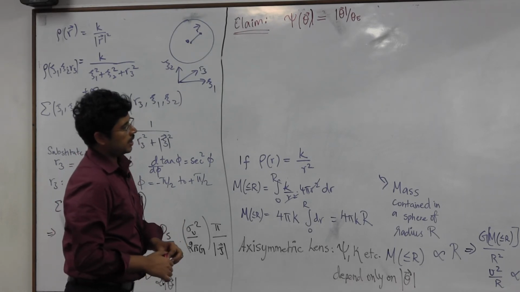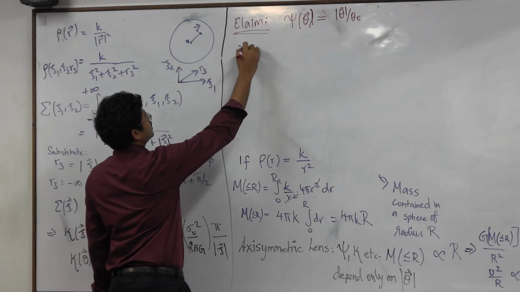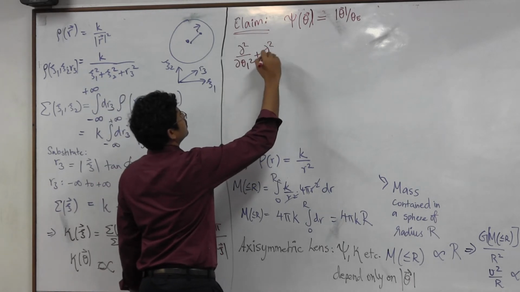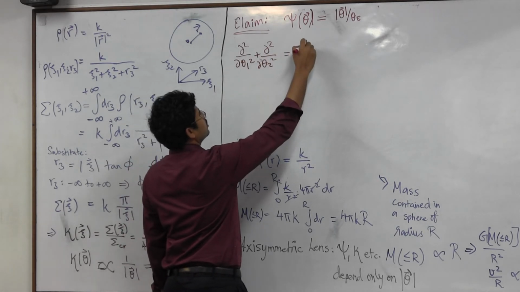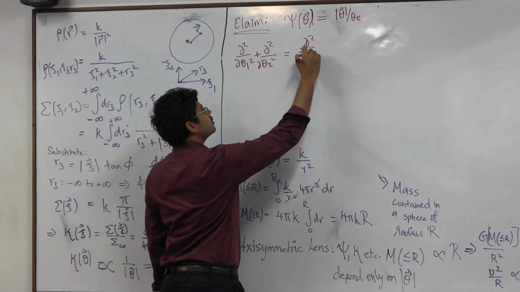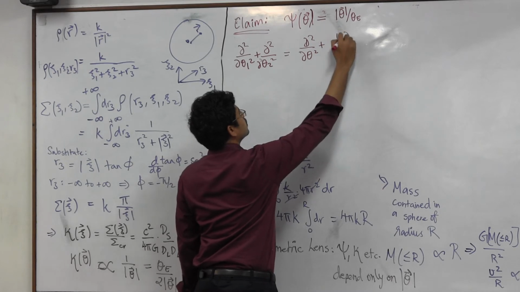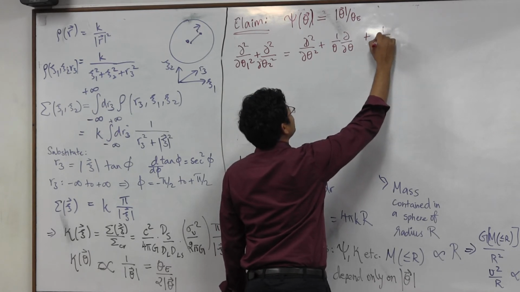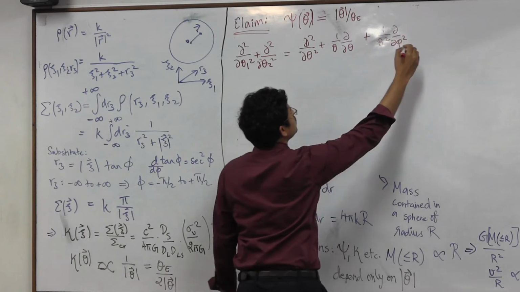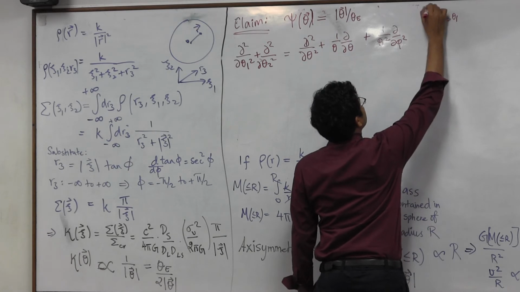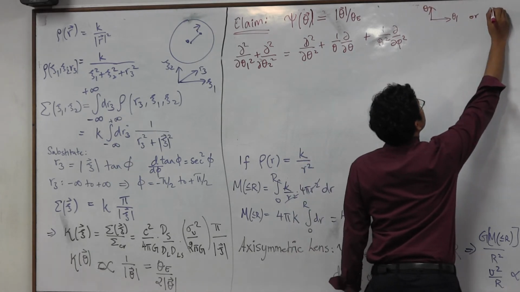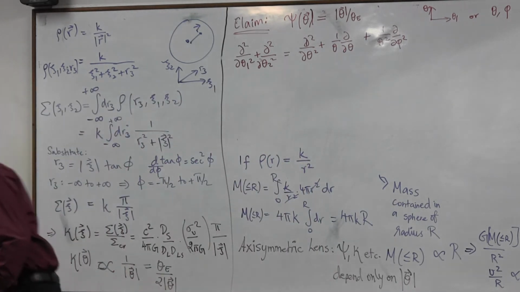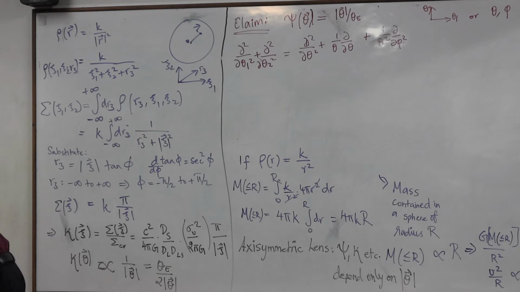So the easiest way would be to realize that this quantity, or this operator, is also equal to this. Again, you can treat this in Cartesian space or in polar space.